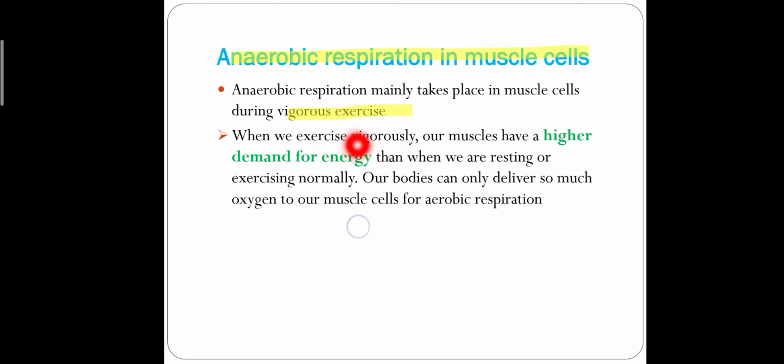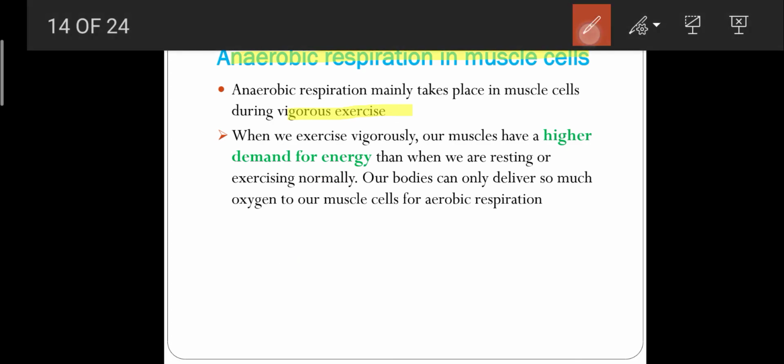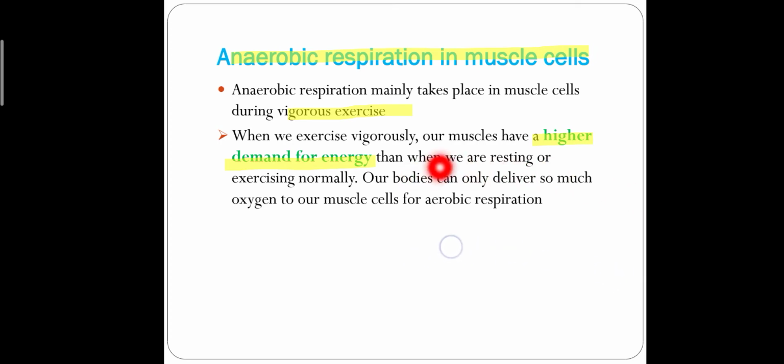When we exercise hard, our muscles have a higher demand for energy than when we are resting or exercising normally. Our bodies can only deliver so much oxygen to our cells for aerobic respiration.